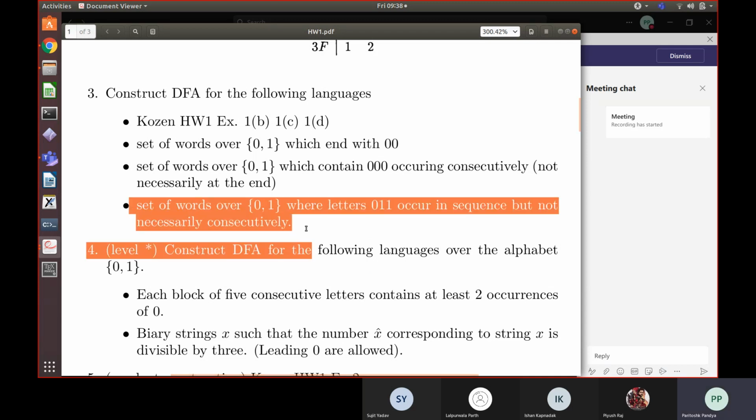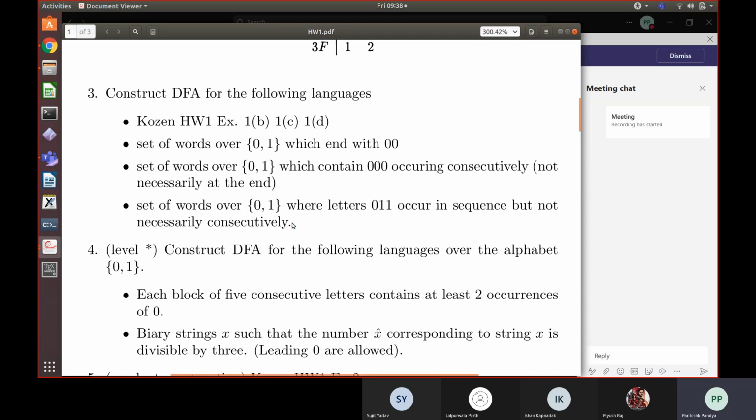So our alphabet is of course 0, 1, where we want all those words where letters 0, 1 and 1 occur in that order, but not necessarily consecutively. So somewhere in the word a 0 should occur, and after that somewhere in the word a 1 should occur, and after that somewhere in the word a 1 should occur.